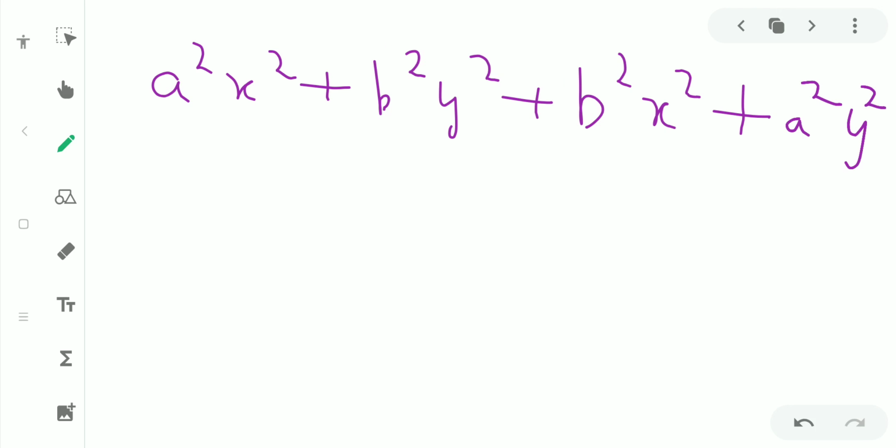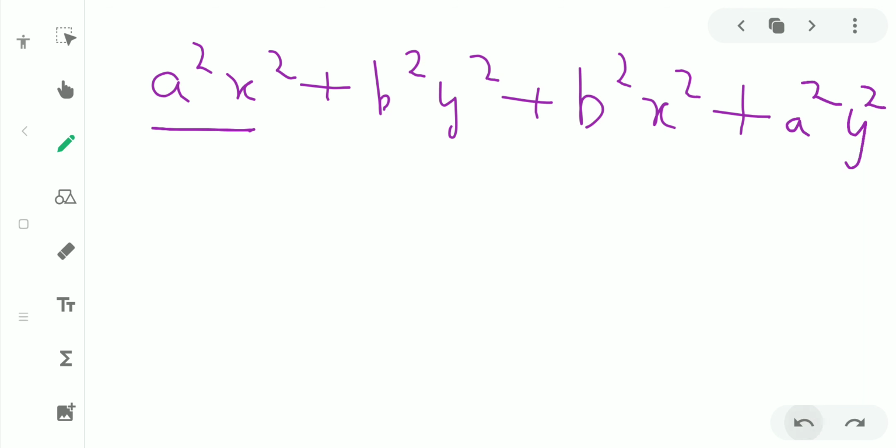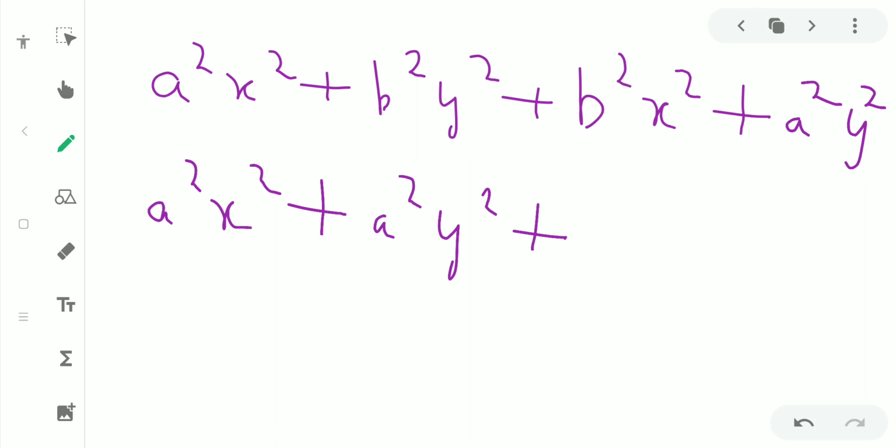So now let me write this term side and this term side for each one: a square x square plus a square y square plus b square x square plus b square y square.